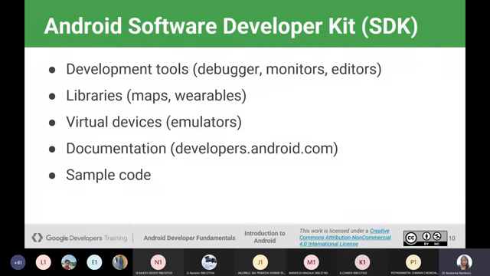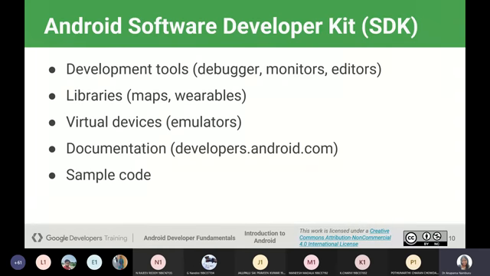Okay. And then documentation. For the documentation, you have developers.android.com where you can get resources which are already available, and you can even add to the documentation by providing some information. And this SDK will also provide you with sample codes, which you can use and work on.